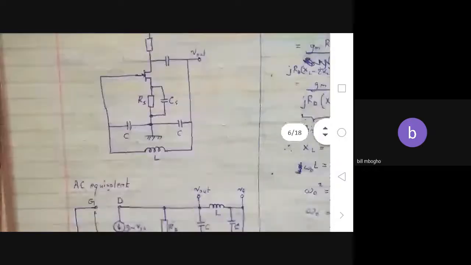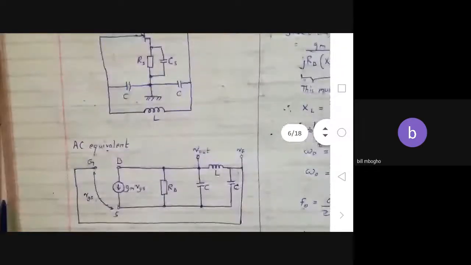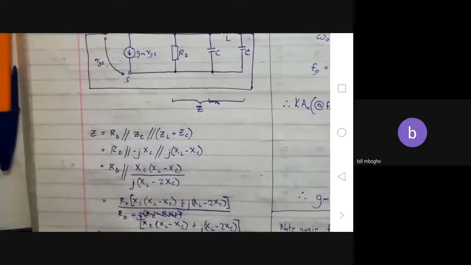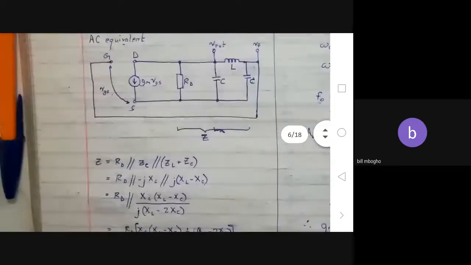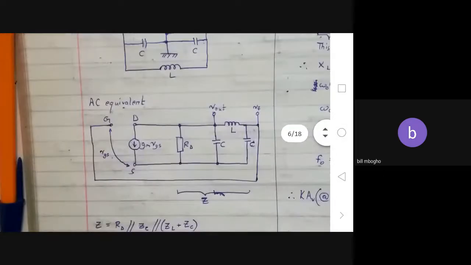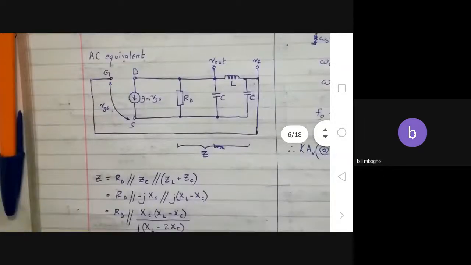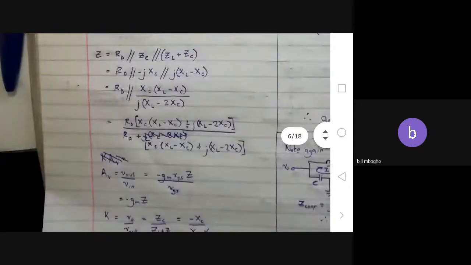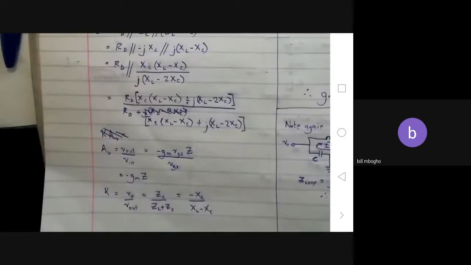Then I decided to do the same calculation, but it ends up almost exactly the same as for the Hartley. So you need to calculate Z, that's the one shown there in the AC equivalent. And with Z, you can put it into AV, which is the same as before.